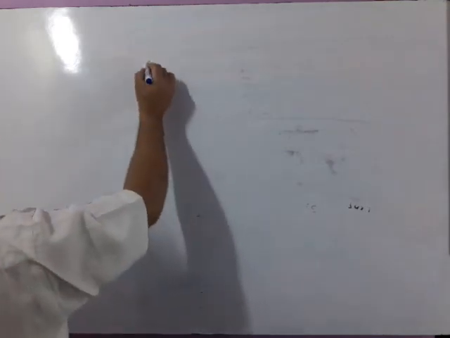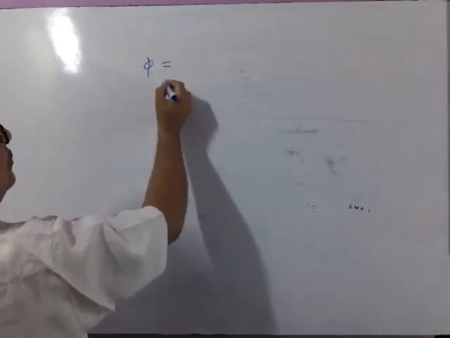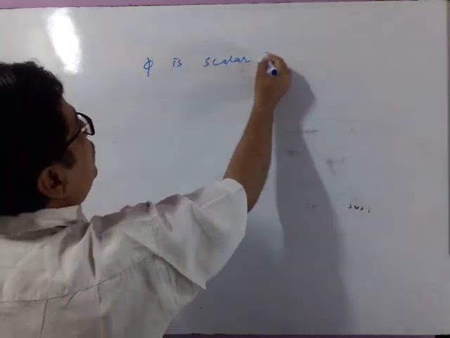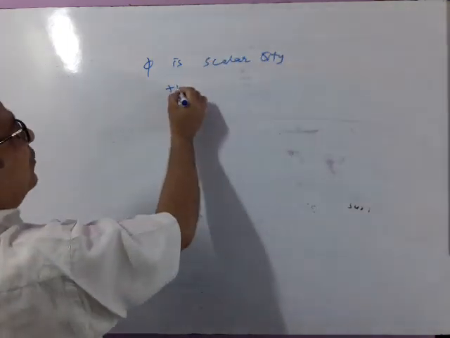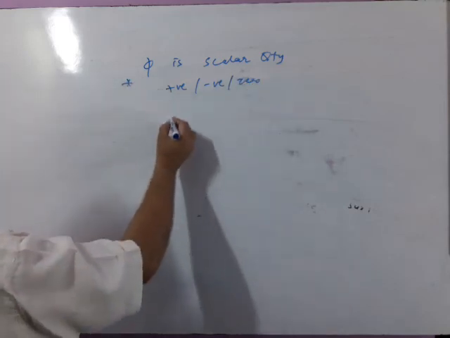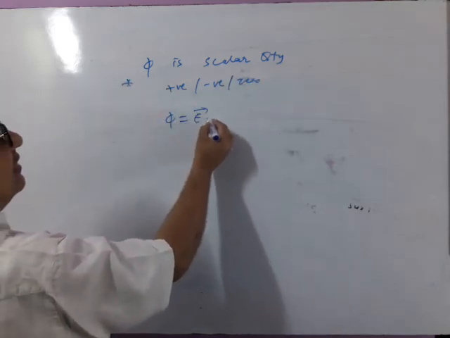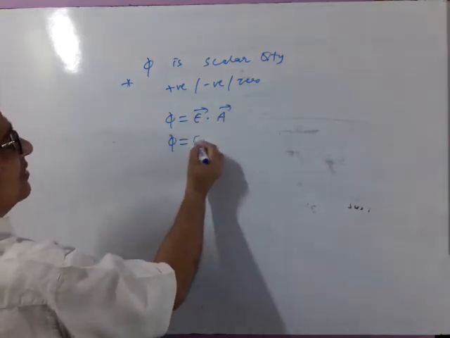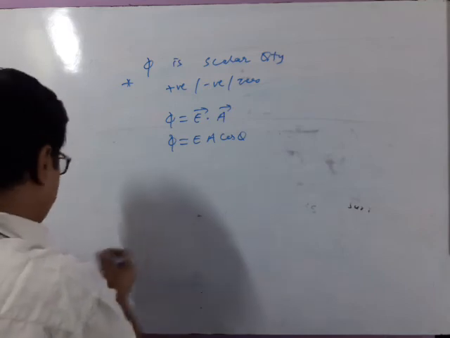Now see, in the numerical you saw electric flux is scalar in nature. It is a scalar quantity. It can be positive, it can be negative, it can be zero. Just focus on this. Flux is E vector dot A vector. Now what is flux? EA cos theta.